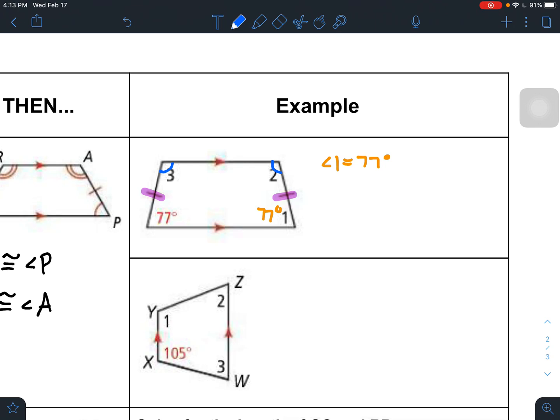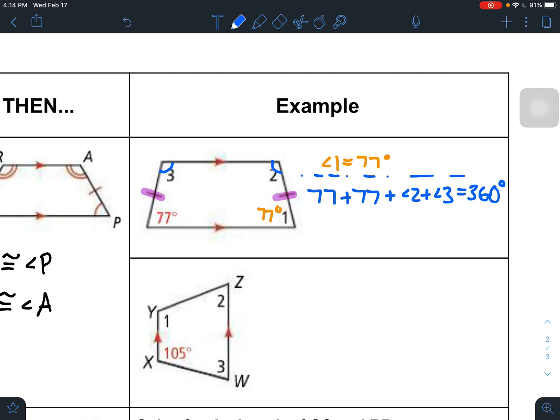One way is to say the total angle measure of a four-sided figure is 360 degrees. So I could set up an equation: 77 plus 77 plus angle 2 plus angle 3 equals 360 degrees.